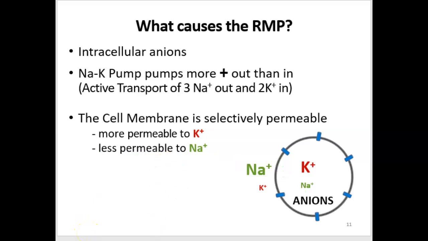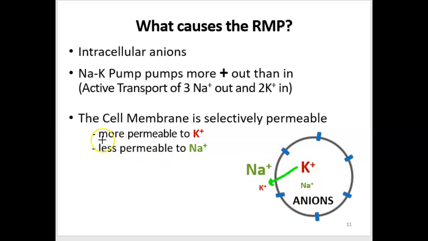Then if we look at potassium, potassium has a chemical gradient where, if it could, it would diffuse outside of the cell because it's higher inside than outside due to the sodium-potassium pump.